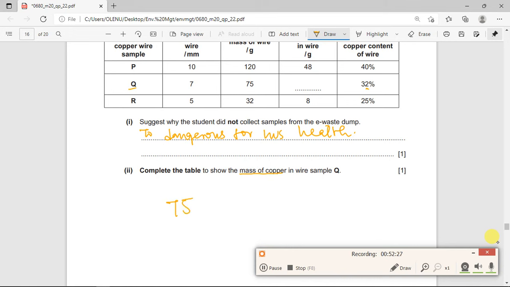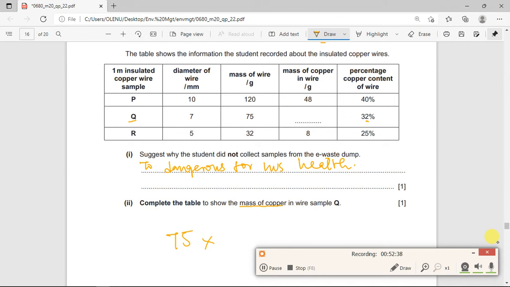To calculate this, it will be 75 times 32 over 100. If you do that correctly, you will have 24 grams. So here is 24 grams.